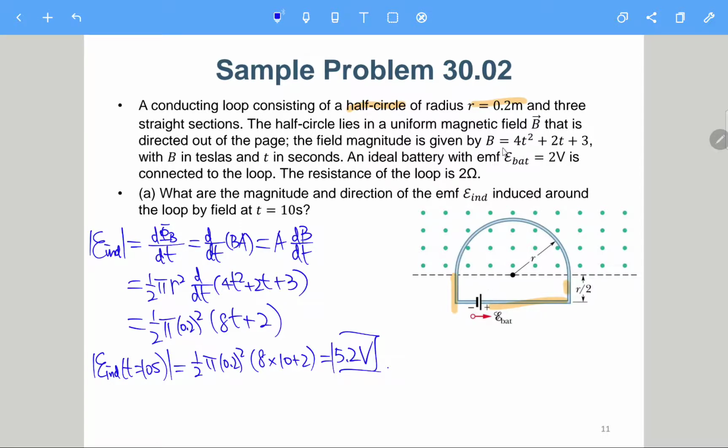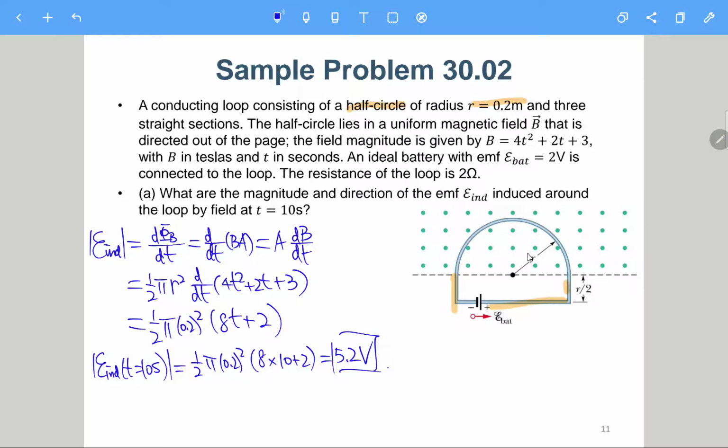So as we can see here, the magnetic field is actually a positive number and also increasing, because after you take the derivative, it is 8t plus 2, which means that the rate of change is positive when t is positive, which means that the magnetic flux here is increasing out of the page.